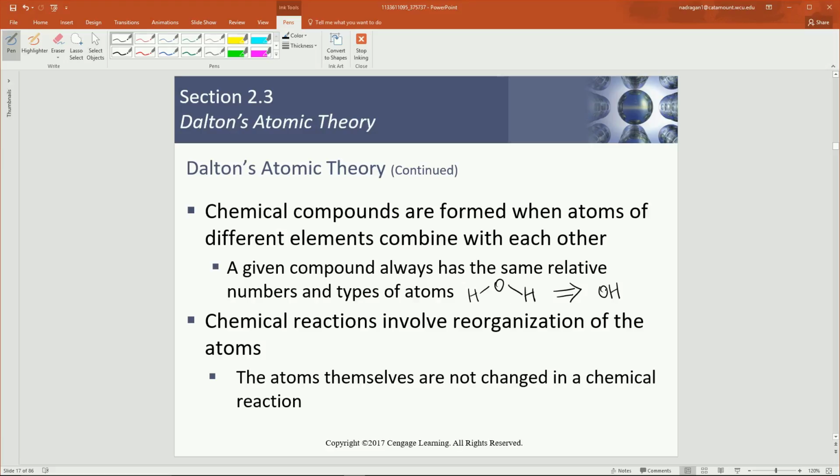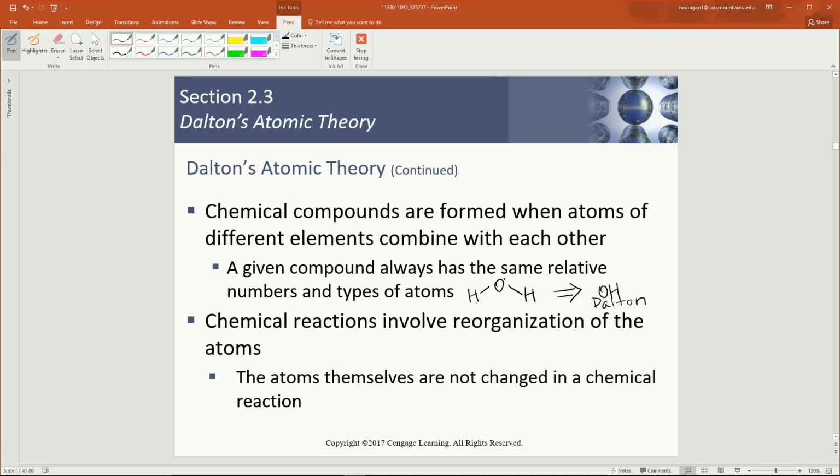However, Dalton thought that the chemical formula for water was OH, just based on these assumptions. But compounds mean that there are two or more different types of elements, and they always have the same relative number and types of atoms. So he thought water always had one oxygen and one hydrogen, but now we know that water always has two hydrogens and one oxygen.